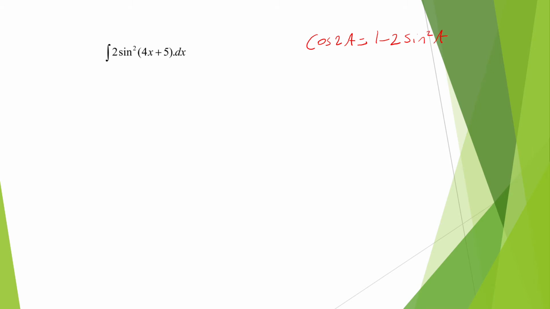So we're going to rearrange that. Divide by 2. Okay, and that's what I'm going to replace this integration sign with, because sine square is two functions, so we would have to apply the chain rule, and there is no chain rule.